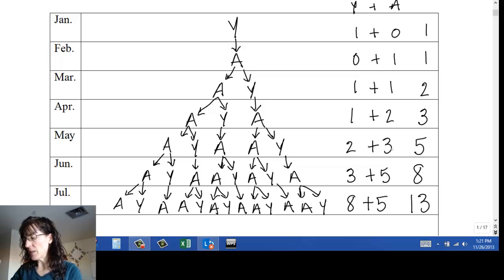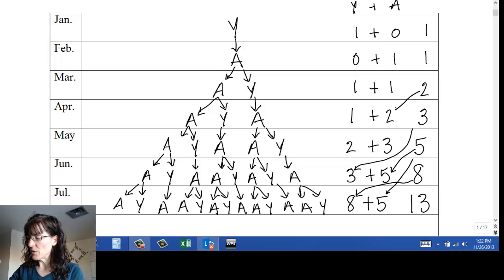As I'm looking here, I can see that I have 2 plus 3 is 5, and then 3 plus 5 is 8, and then 8 plus 5 is 13. So let's see if it goes backwards too.